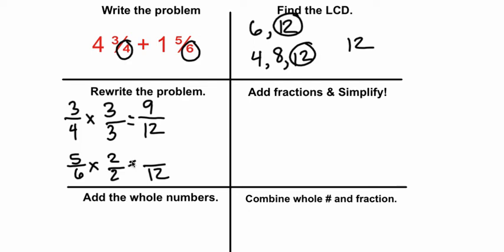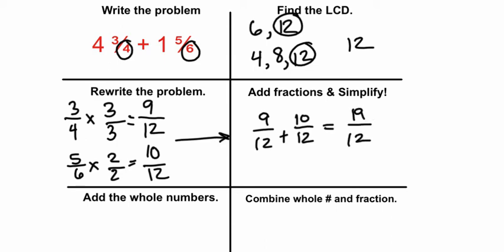So our new fractions, when we rewrite them over here, are going to be 9/12 plus 10/12. 9 plus 10 is 19, and our denominator stays the same. This is an improper fraction, so we do need to simplify and make it a mixed number. So 19 divided by 12. We can take one group of 12 out, and there's going to be 7 left out of 12.